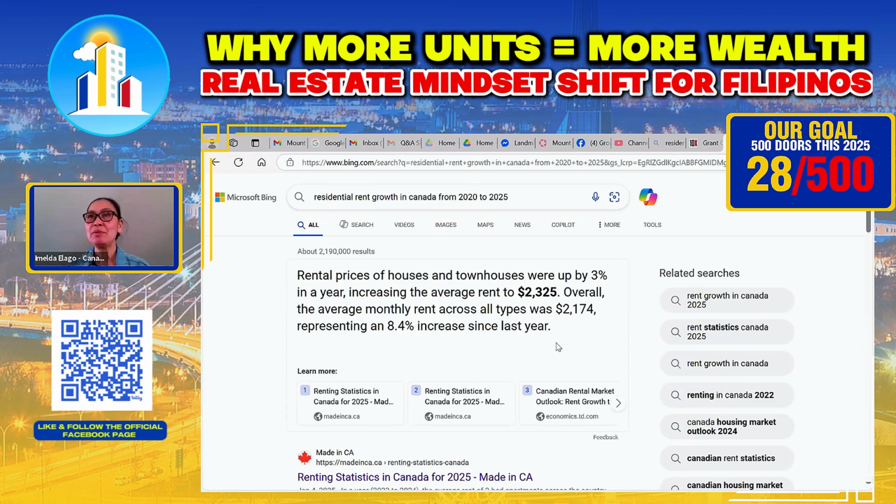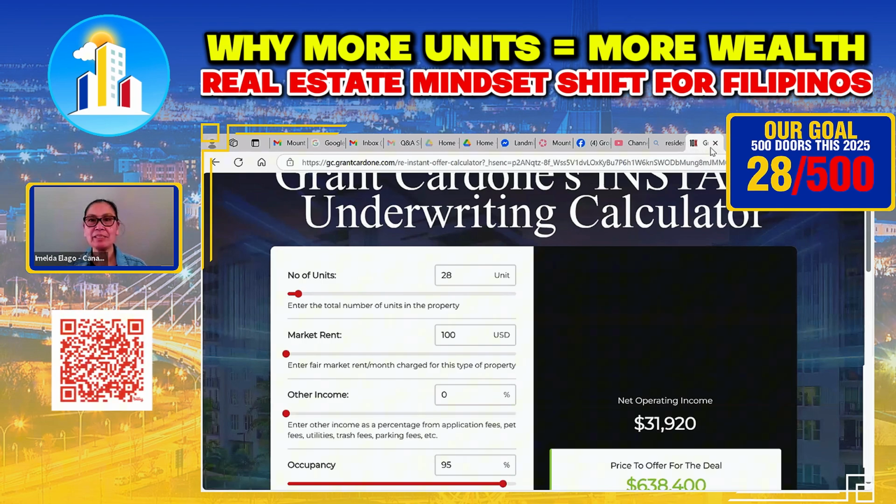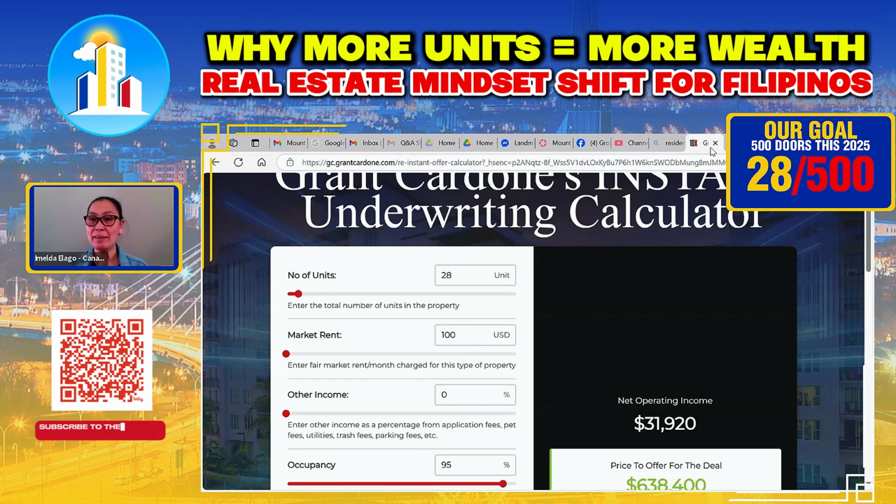Kasi whenever the rent increases, the value of the property increases. Isa yon sa numbers na dapat natin tatandaan when it comes to investment property. Gamitin natin ng 3%. Ang average rent dun sa building right now: may nagbabayad ng 1,400, may nagbabayad ng 1,300, 1,200, 1,100.